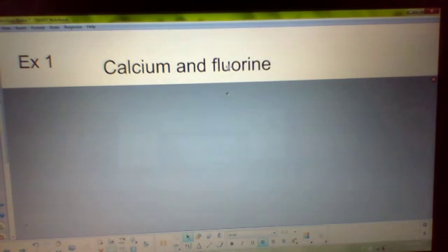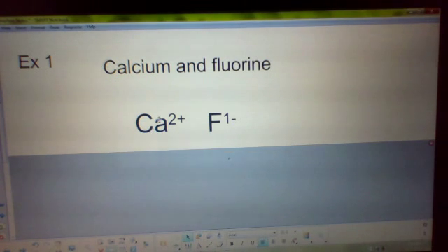Calcium has Ca, fluorine has an F, and their charges are: Ca has a 2+ charge, while fluorine has a 1 negative charge. So that's the first part of writing these compounds: taking the names, writing them in symbolic form, as in Ca and F, and then putting their charges above. So that's our example. Let's go back to our rules.